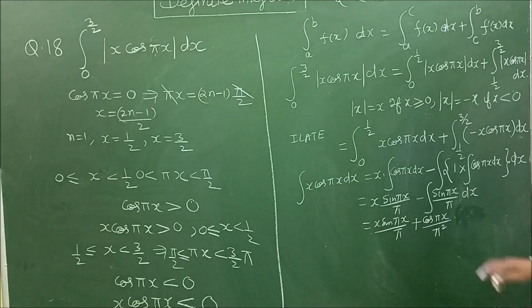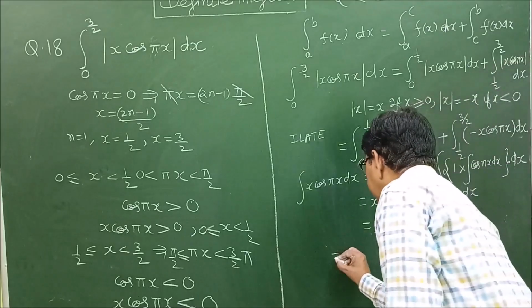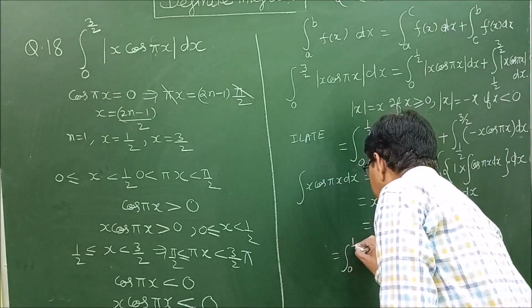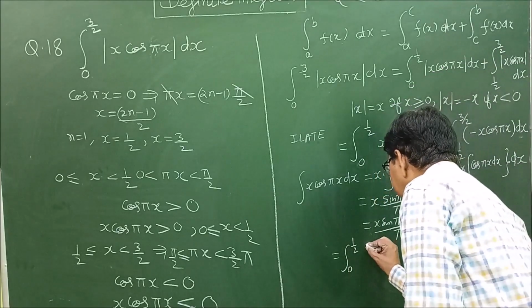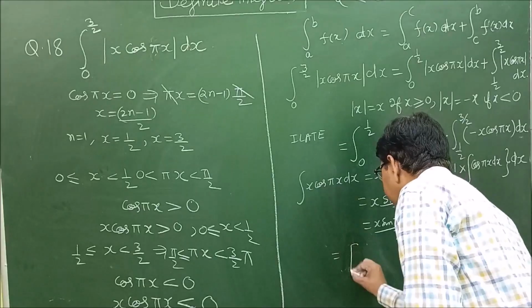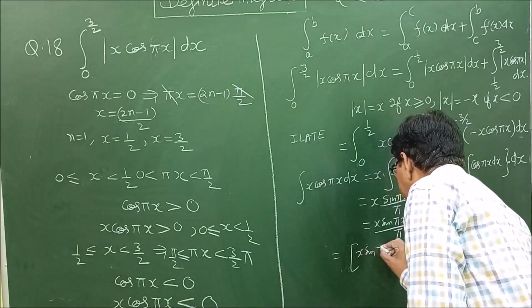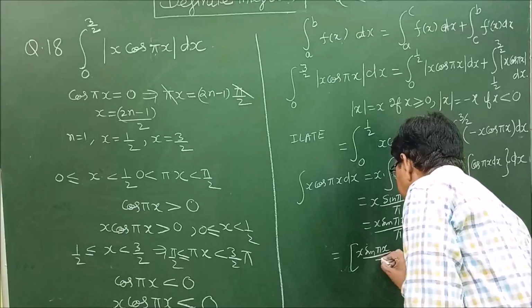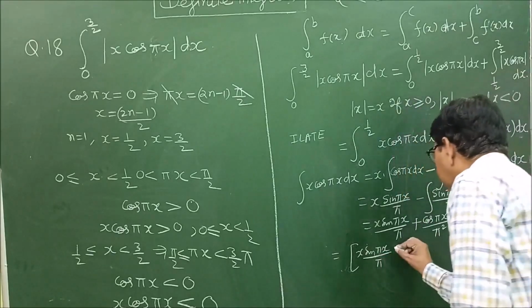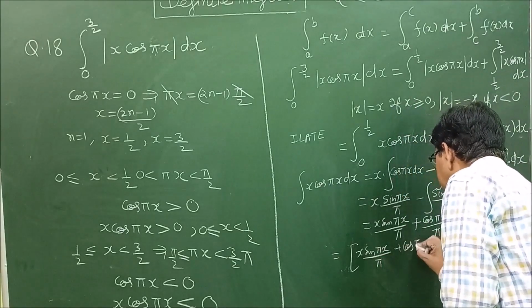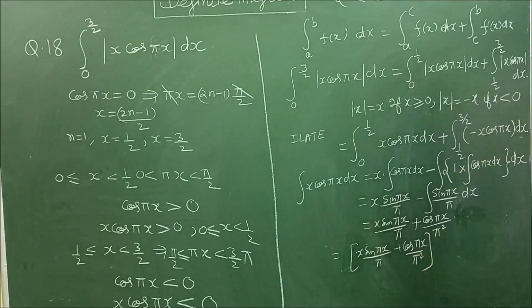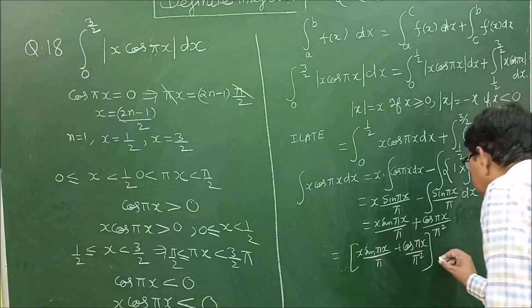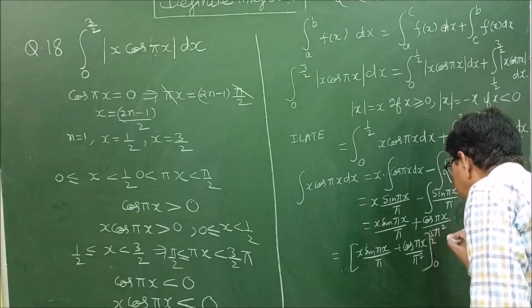Now applying the limits, 0 to 1 by 2, x sin pi x upon pi plus cos pi x upon pi square, evaluated within the limits 0 to 1 by 2.